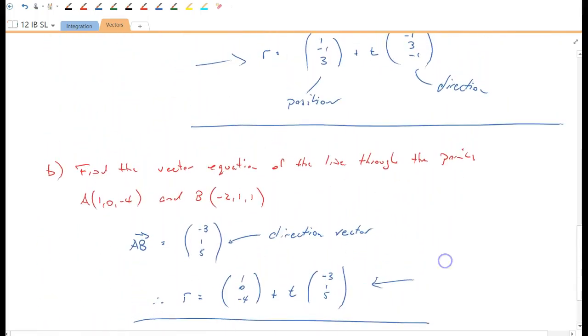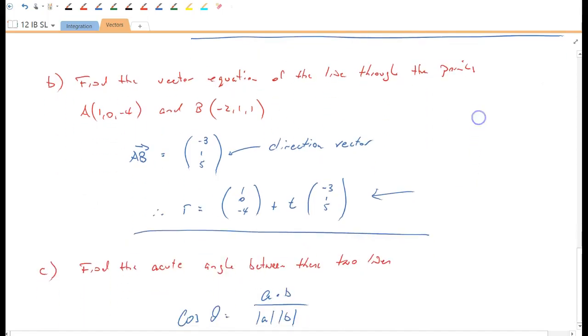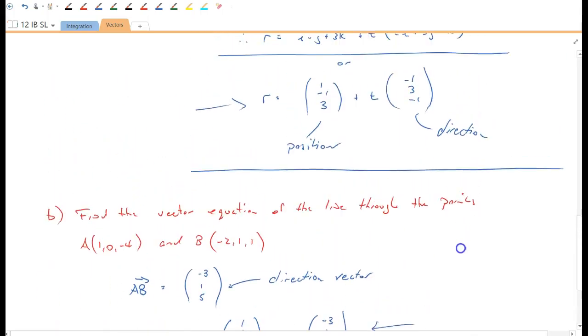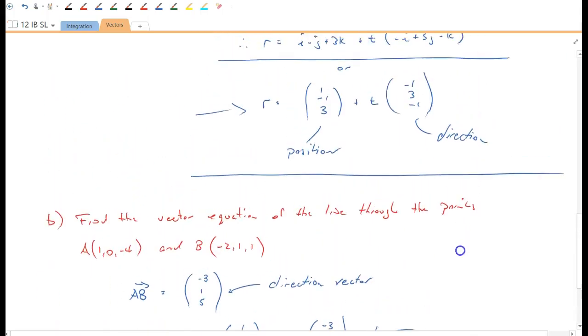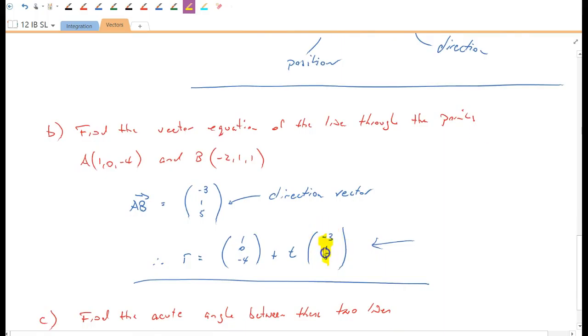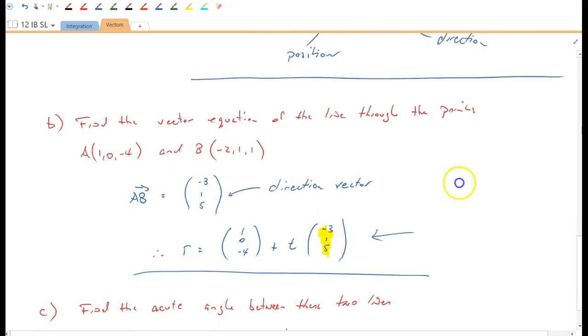Well, these are the 2 vector equations. So a and b refer to the directions that the vectors are going in. So we're concerned with the direction vectors, direction vector 1, direction vector 2, and we're going to use those.